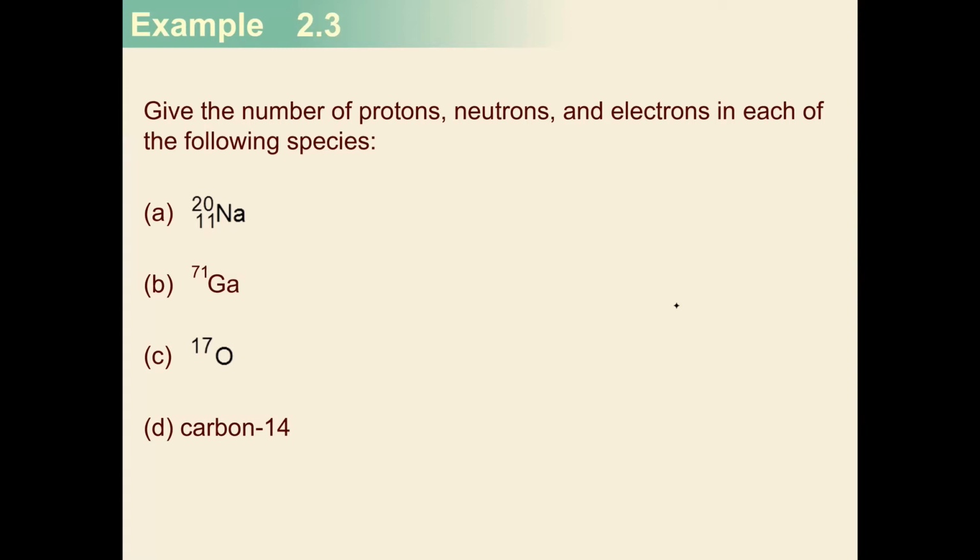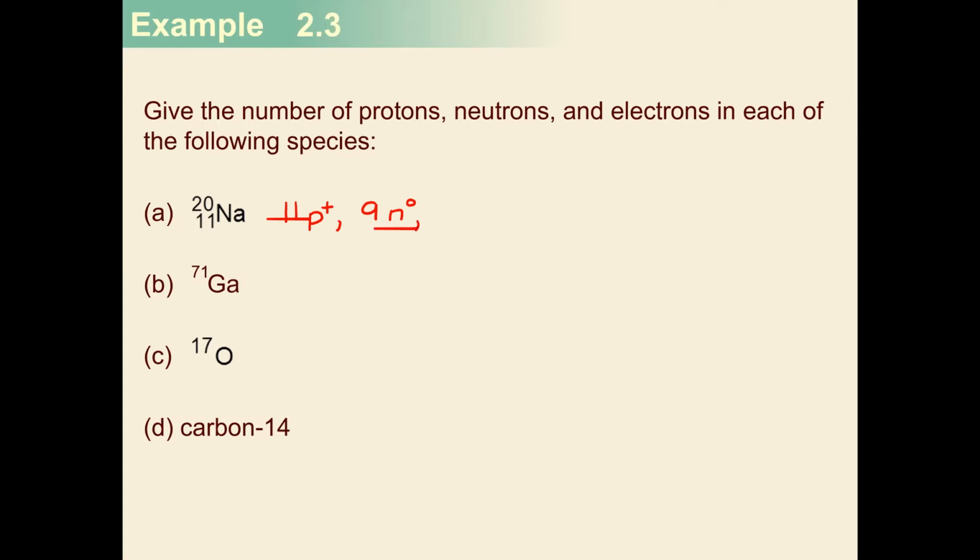So this means that we are going to have 11 protons. So how many neutrons do we have? Well, now what we need to do is take our 20 subatomic particles in our nucleus and subtract the 11 protons to get the number of neutrons. If I do that, you will get 9 neutrons.